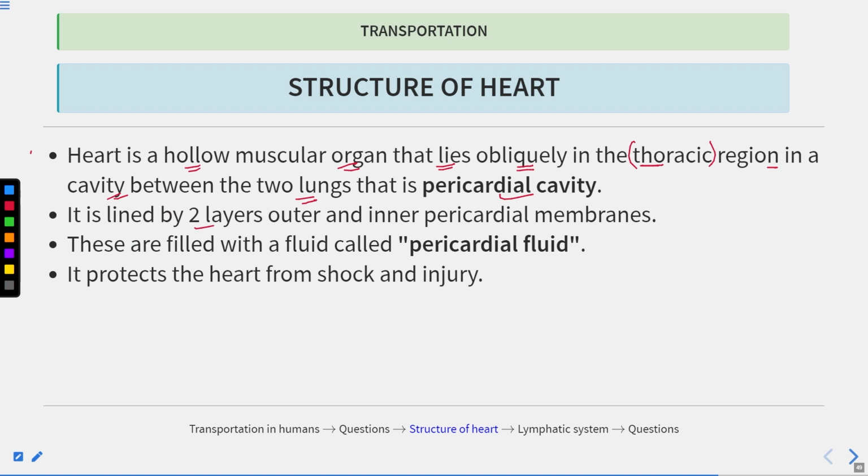It is surrounded by a membrane known as the pericardial membrane, which is made up of two layers, an outer layer and an inner layer. These are filled with a fluid known as the pericardial fluid, present between the outer and the inner membrane. What is the role of this pericardial fluid? It protects the heart from shock as well as injury.